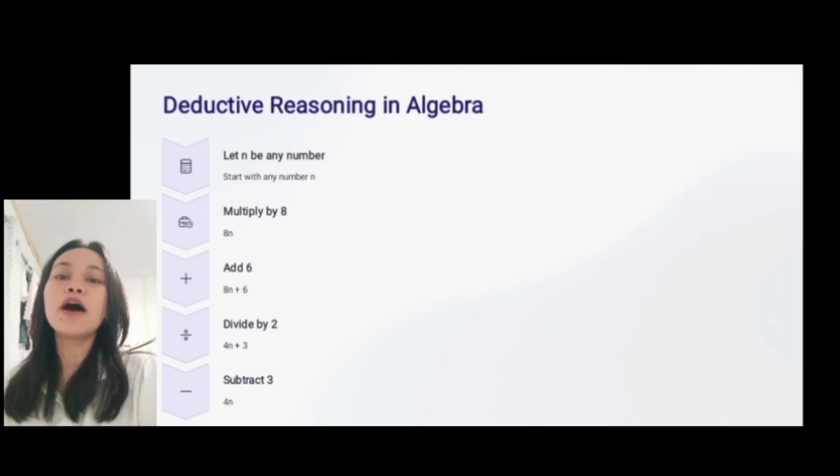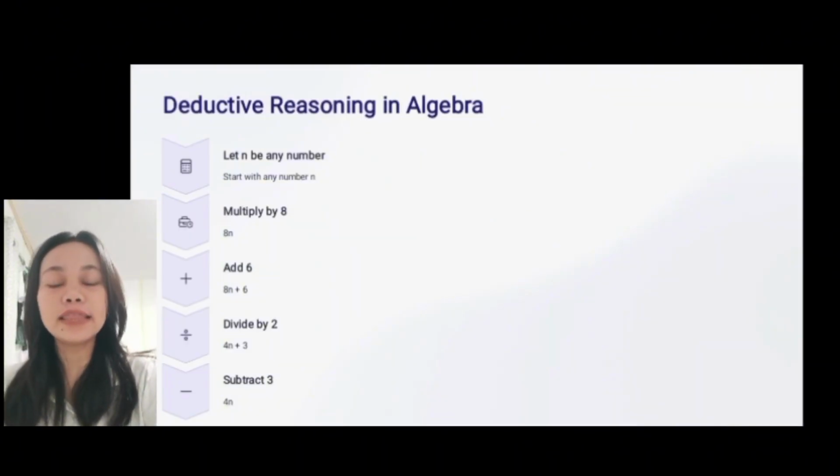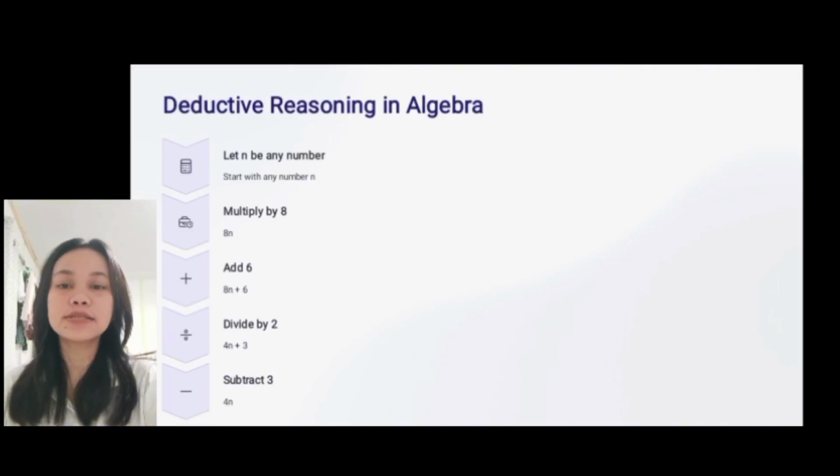For example, from the provided example, let number n be any number. Multiply by 8. Next, we add 6, so 8n plus 6.